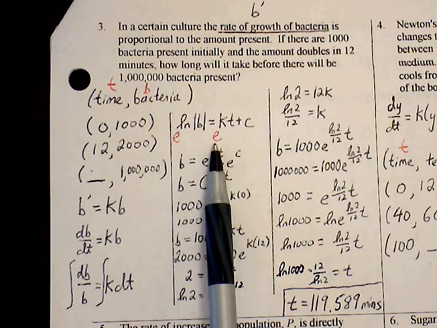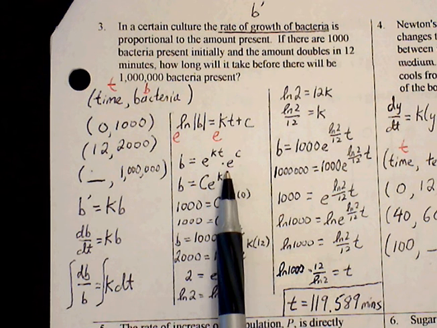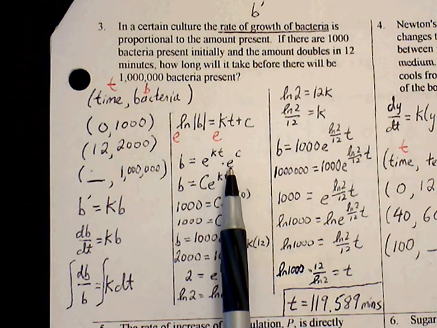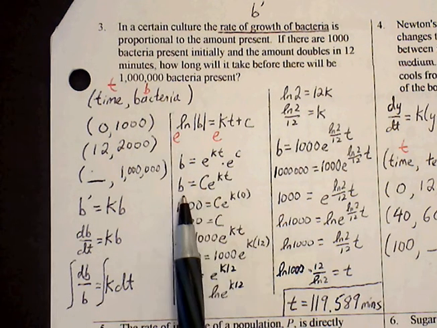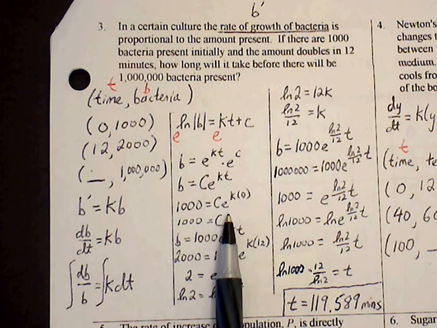And then e to the kt times e to the c, we're trying to separate this using exponent property. And e to the c is a constant, so we can pull that constant in front, so B is equal to C e to the kt. Okay, now we have our general solution.